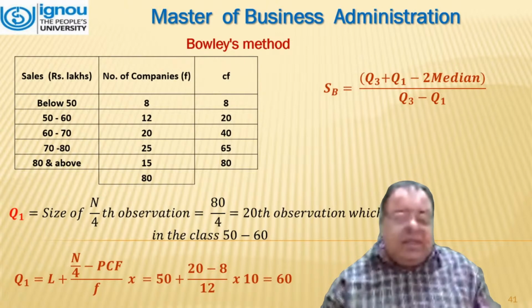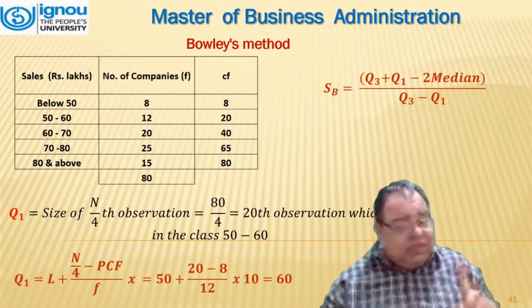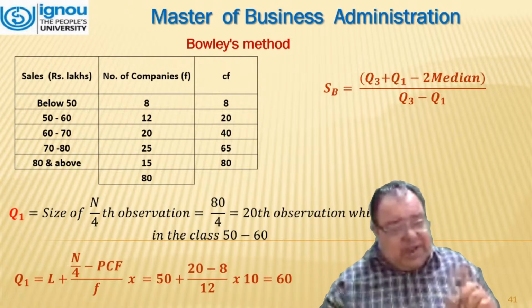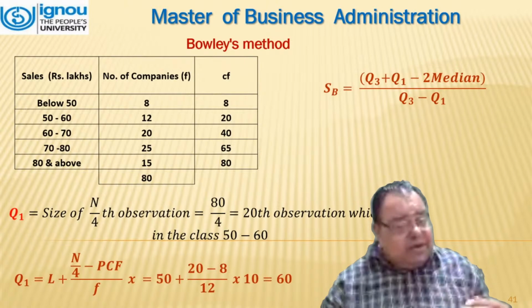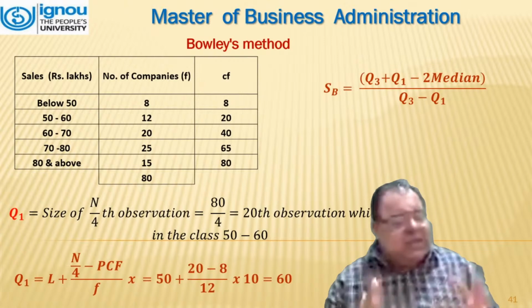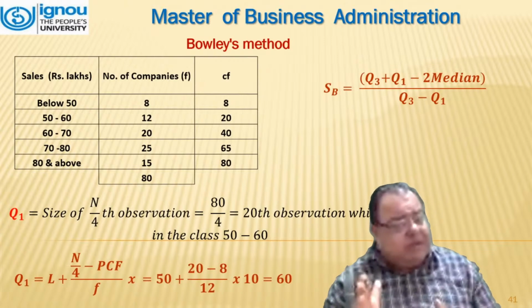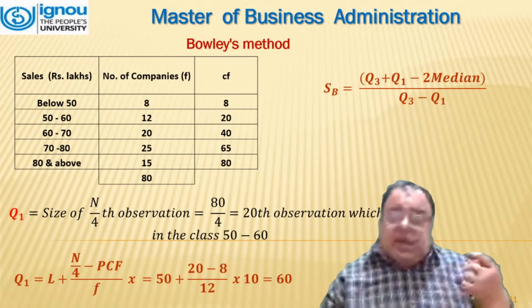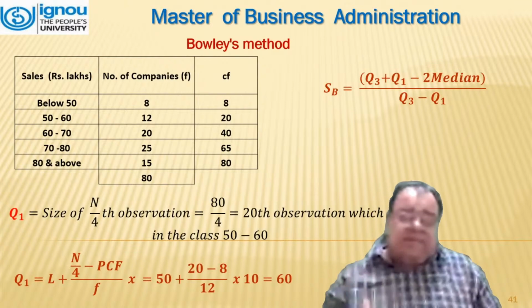Now, 80 by 4 is the 20th observation. We have to find a value nearer to 20 or below 20. In this case, we straight away found 20 in the cumulative frequency column. Now, how is that formula applied?